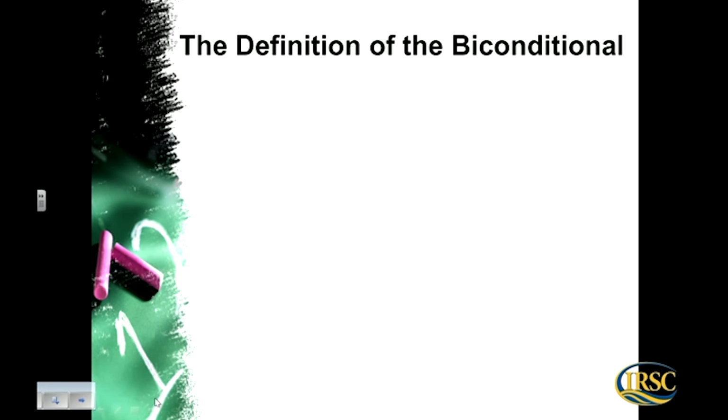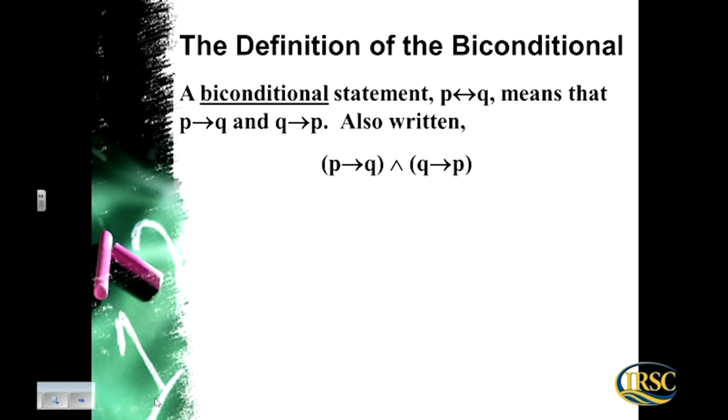Okay, so that was our if-then. So now we're going to get to the biconditional, which is our if and only if. A biconditional statement, P if and only if Q, means, and we discussed this already, that it has to work in both directions: if P, then Q, and if Q, then P. Both of those directions have to be true for the if and only if to be true.